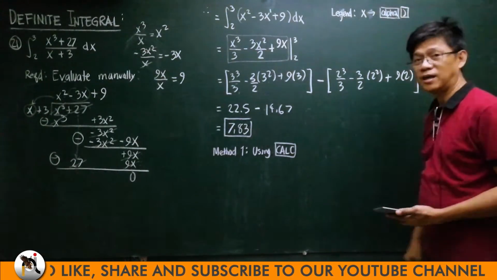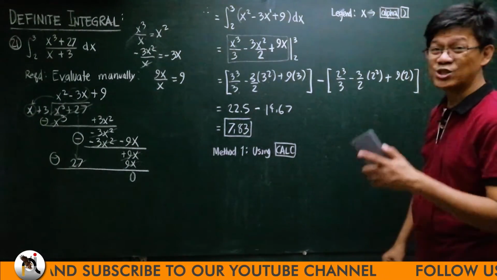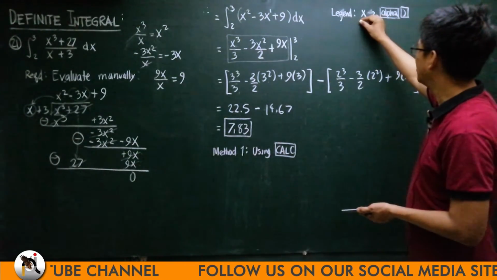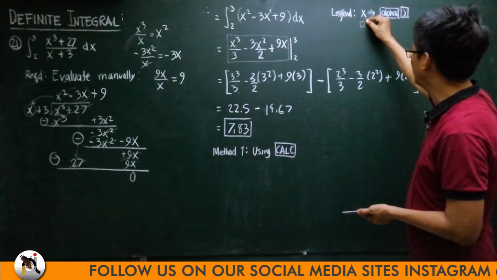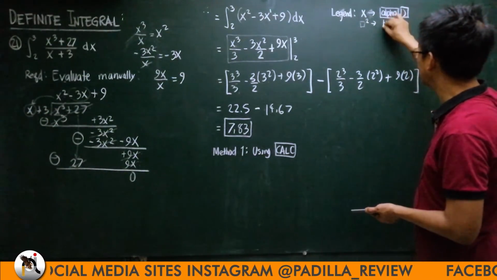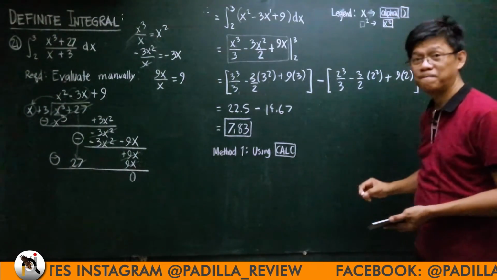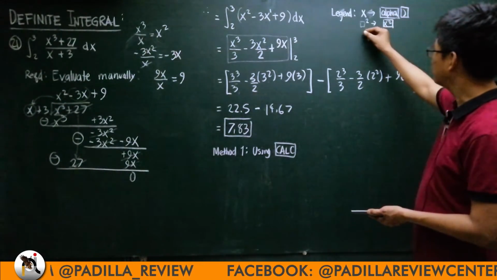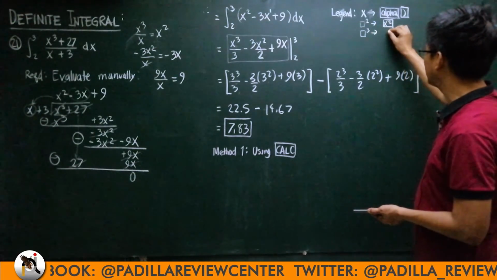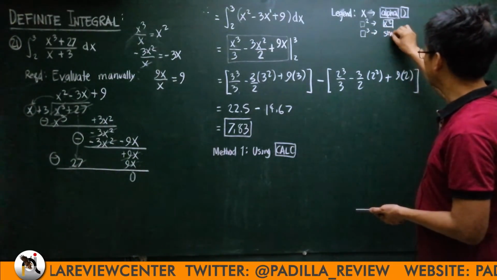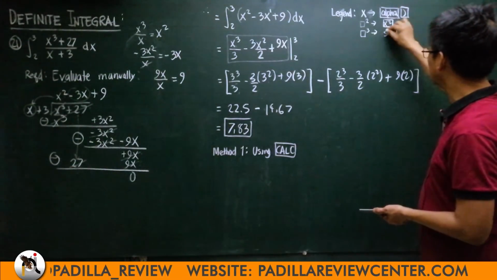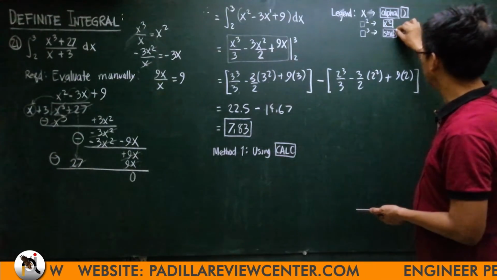For squared, there is a key for that: if you want to square something, the key is the x squared key. If you want to cube something, the key is shift x squared.